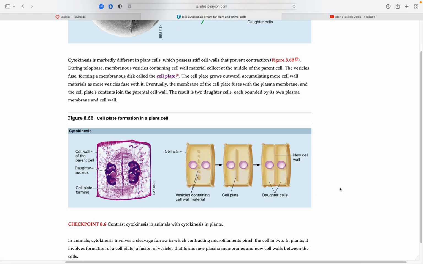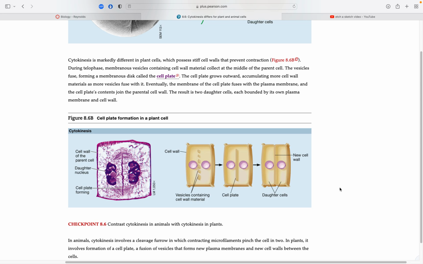Here's a plant. Plant cells have a hard outer covering. It's the cell wall. The cell wall is made out of cellulose, which is a type of sugar. It's like hard candy. So there's no way that the cytoplasm could even be pinched because the outside is hard.